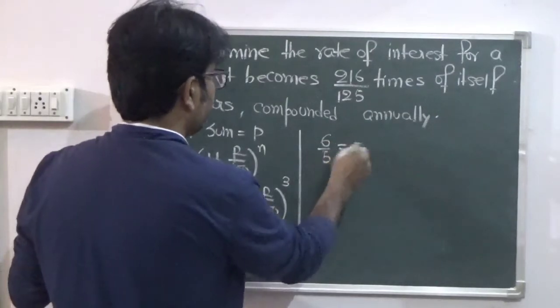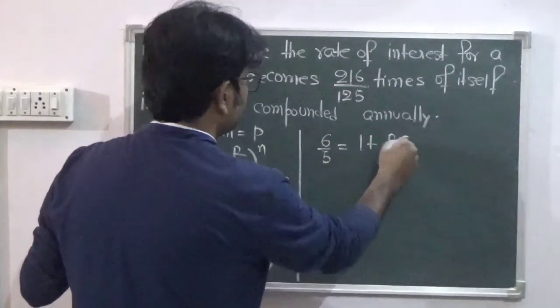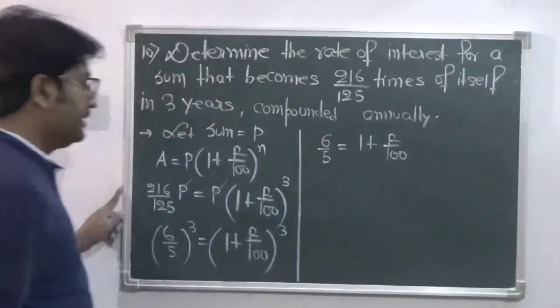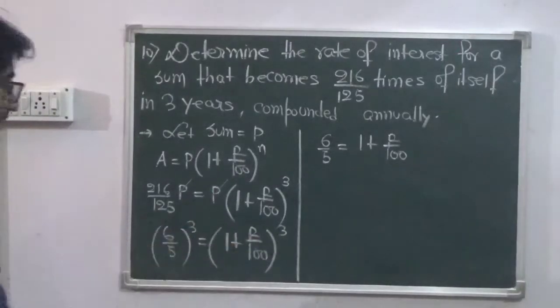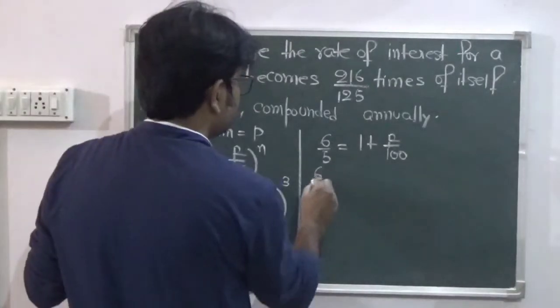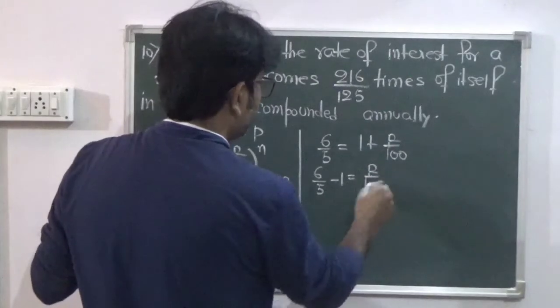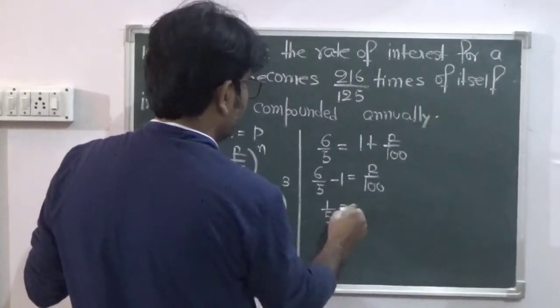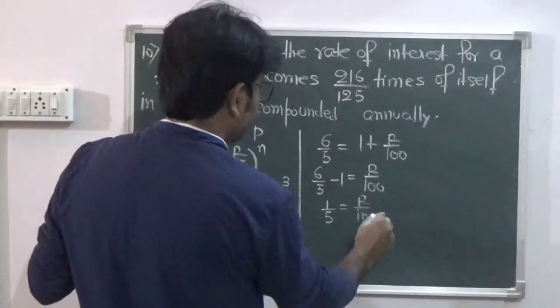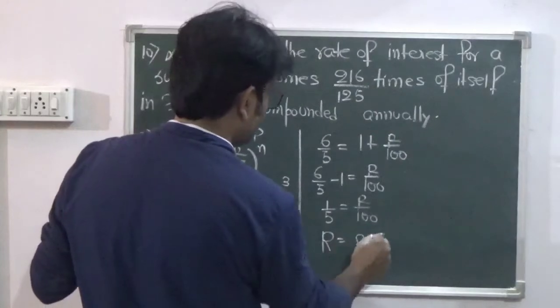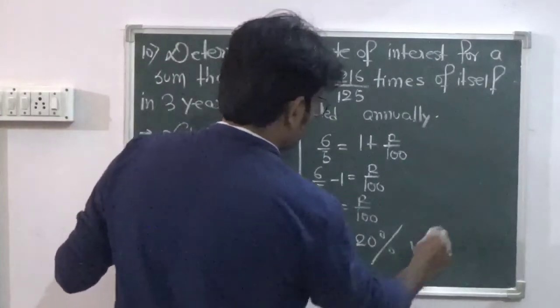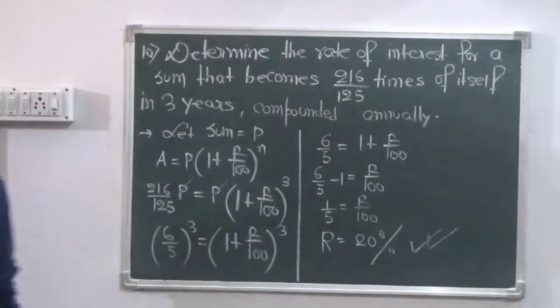So 6 by 5 equals 1 plus R by 100. Now 6 by 5 minus 1 equals R by 100. So it is 1 by 5 equals R by 100. So we have the rate equals 20%. I hope it is clear now.